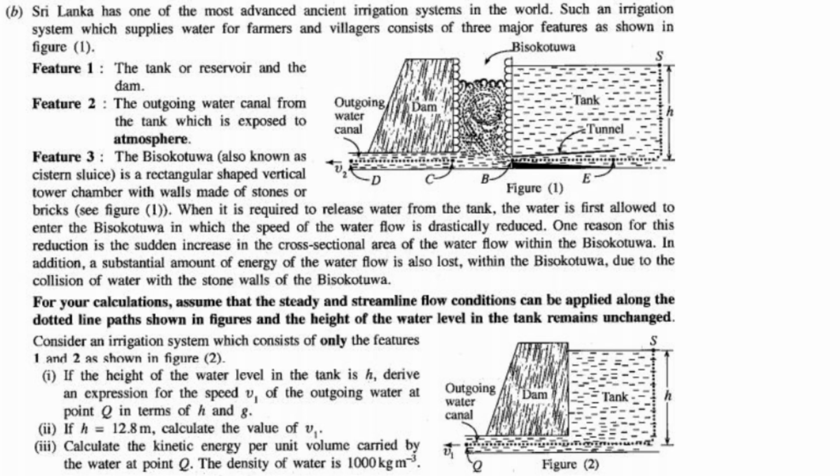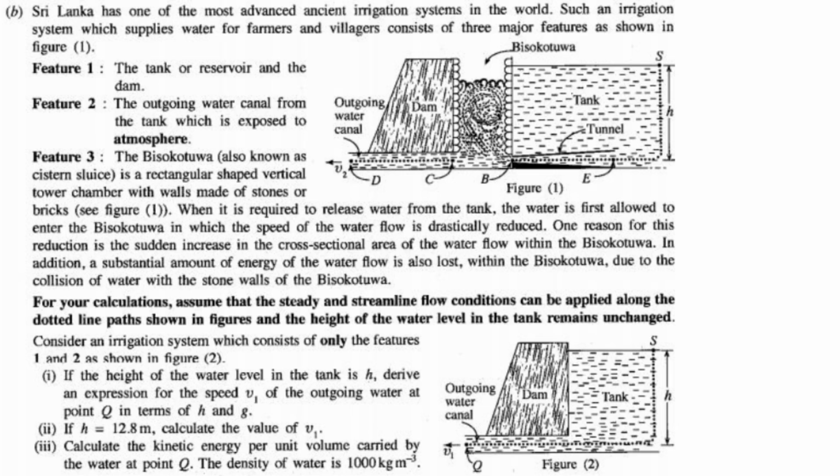When it is required to release water from the tank, the water is first allowed to enter the Pesuru, in which the speed of water flow is drastically reduced. One reason for the reduction is the sudden increase in the cross-sectional area of water flow within the Pesuru.